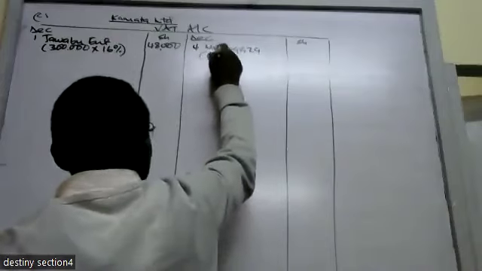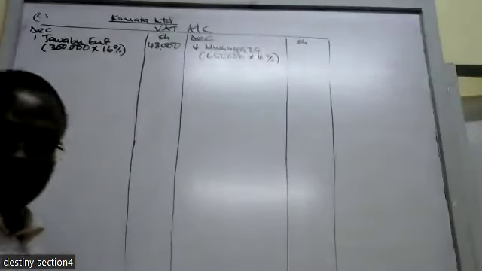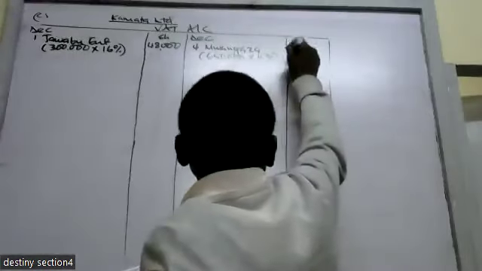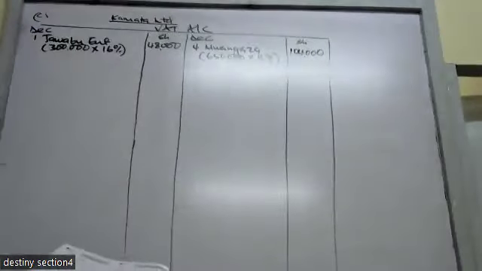It will be 650,000, so we multiply by 16%. We get 104,000. So we credit 104,000 here. We have finished December 4, and we go to December the 5th.